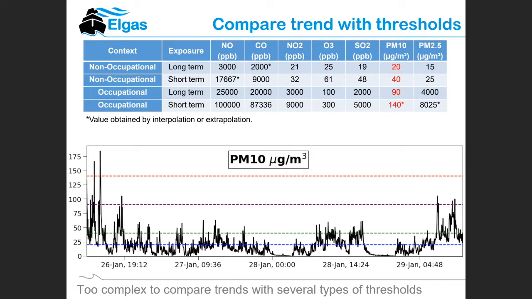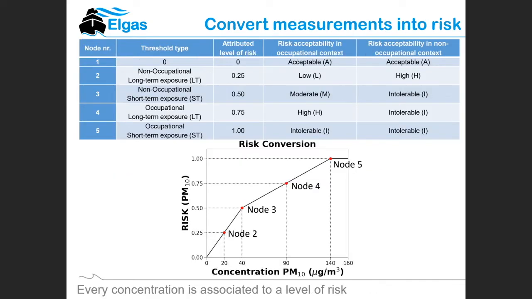So for that reason, we try to harmonize or standardize all these concentration values into one level of risk. We create a piecewise function for each parameter, and with this function we can transform the actual concentration of the parameters we're measuring into a level of risk.